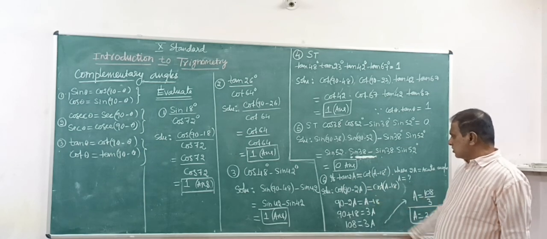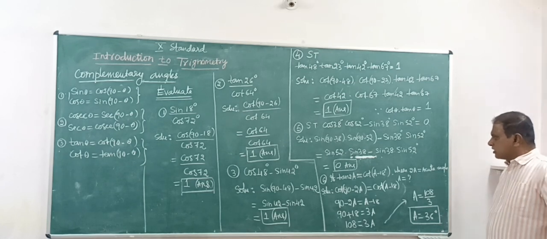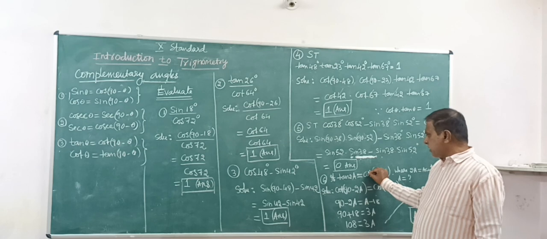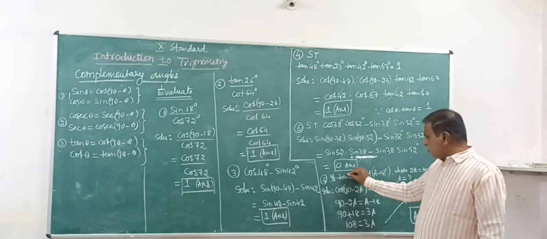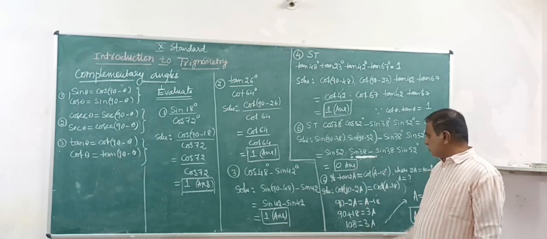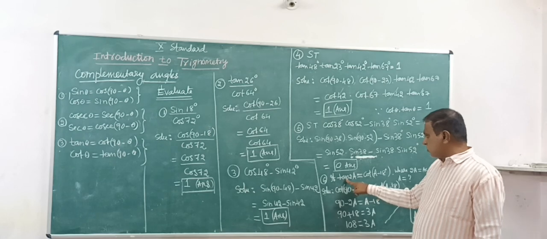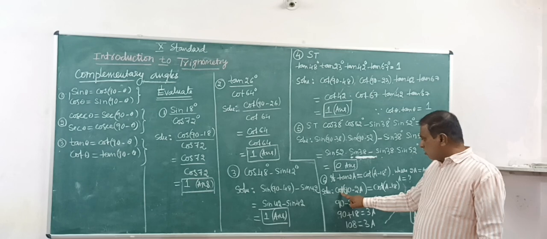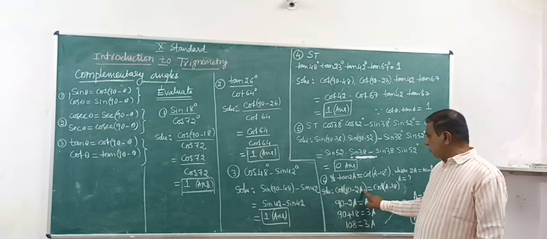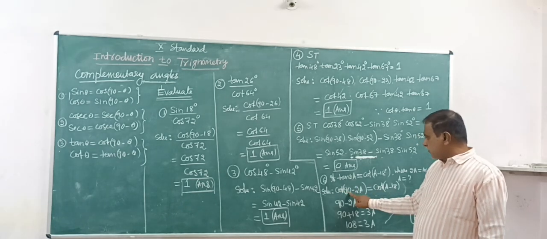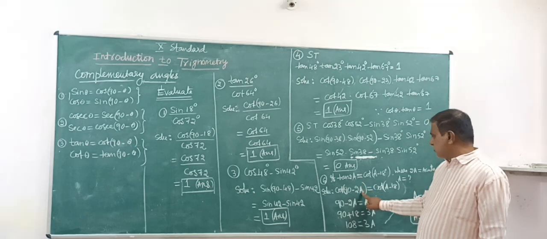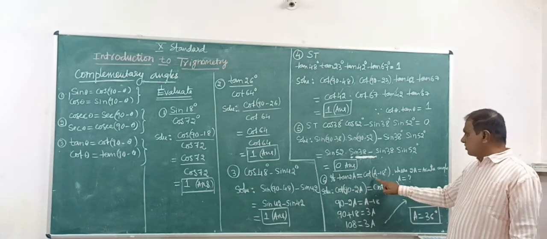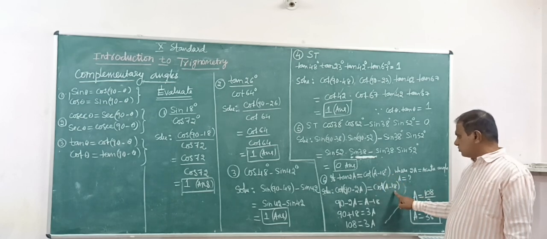And what is the technique of solving this problem? Look at this, tan and cot are complementary. Let us write one of them in its complementary angle. Tan 2a is cot of 90 minus 2a, and this, right, as it is, cot of a minus 18.